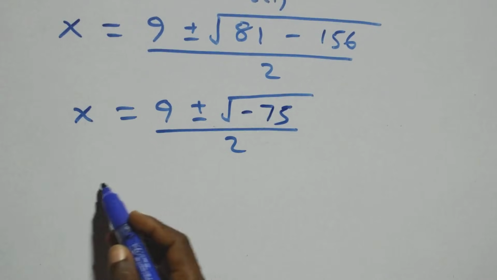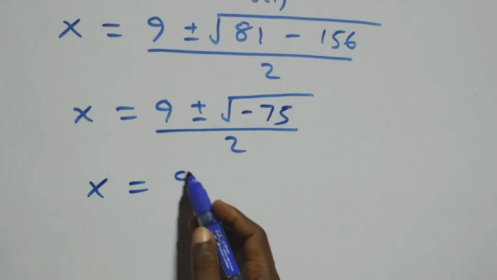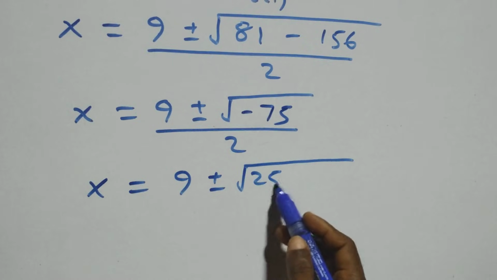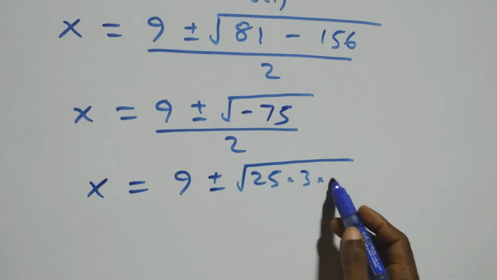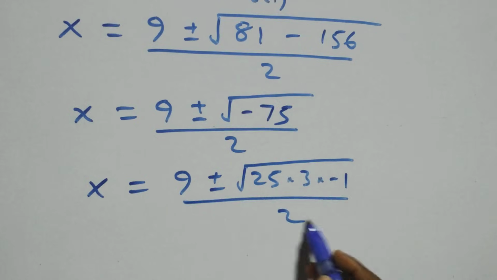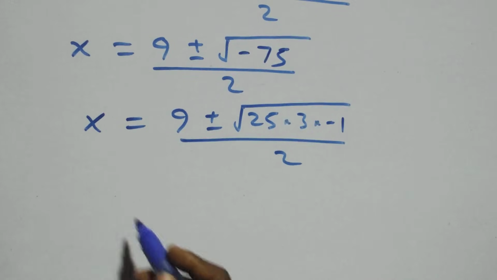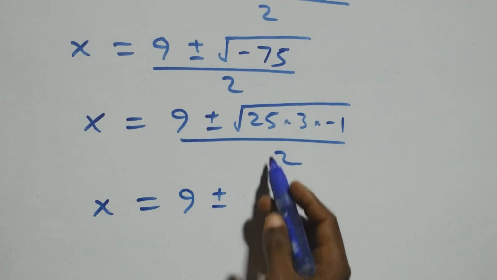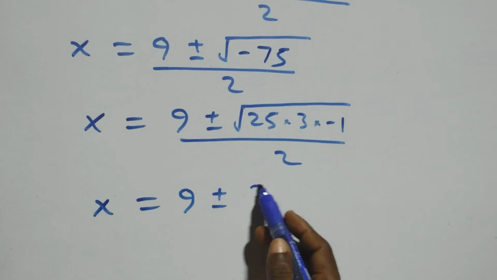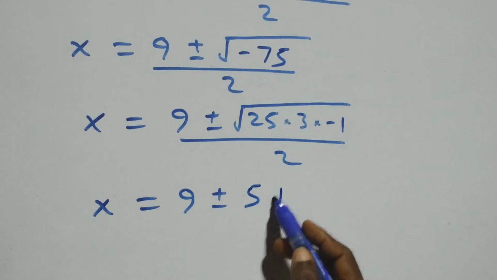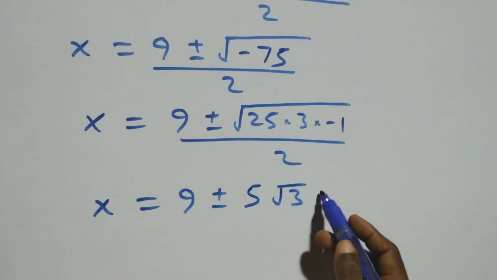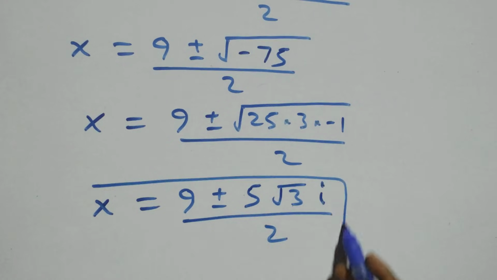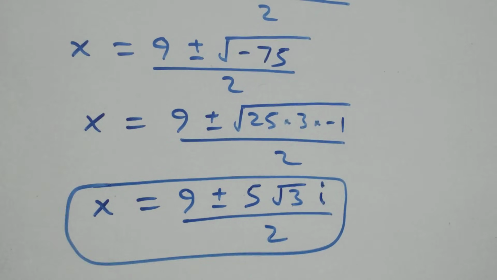We can write this as x equals 9 plus or minus square root of 25 times 3 times minus 1 over 2. When we separate this, root 25 is 5, then we have root 3, and root minus 1 is i, all over 2. Here we have two complex solutions.